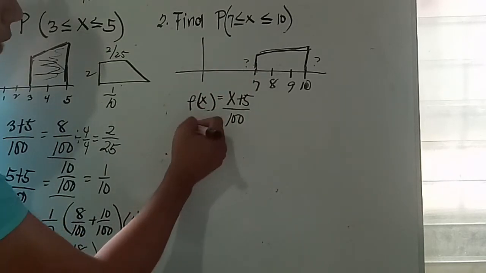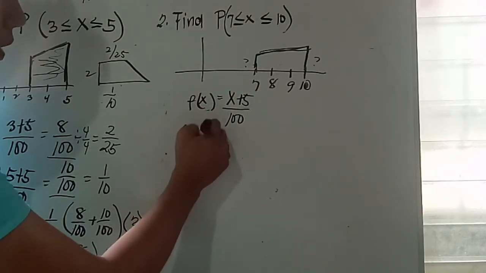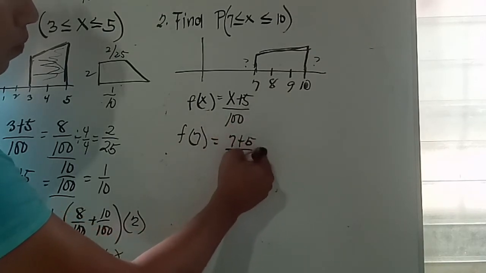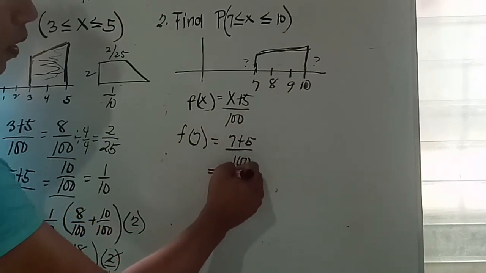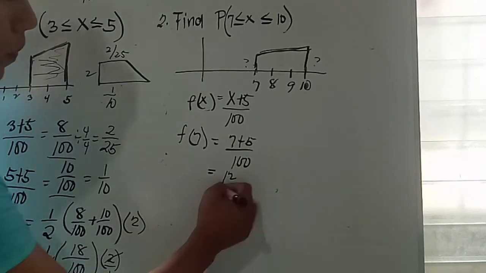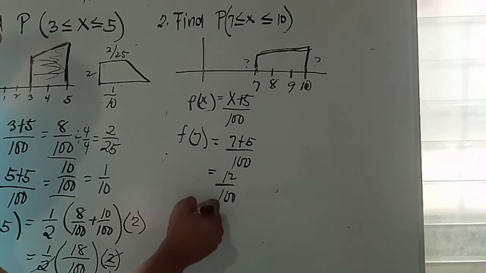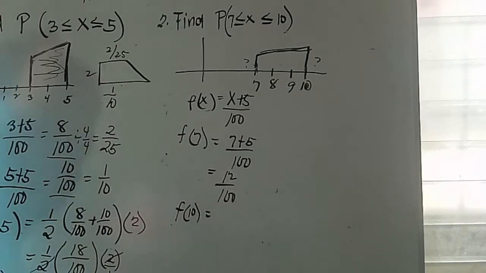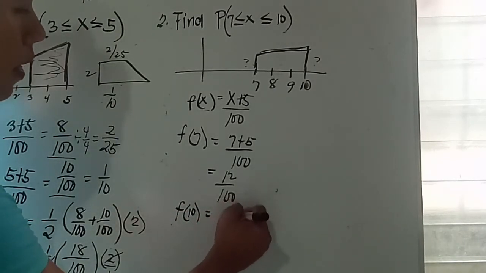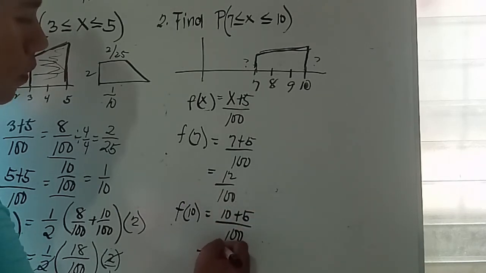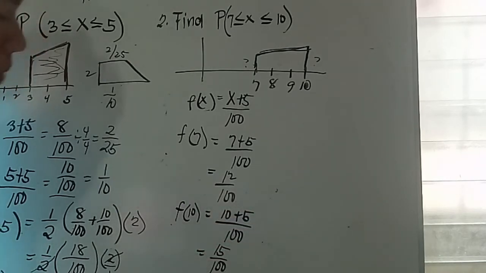First, f of 7 is 7 plus 5 over 100, which is equal to 12 over 100. On the other hand, f of 10 is 10 plus 5 over 100, which is equal to 15 over 100.